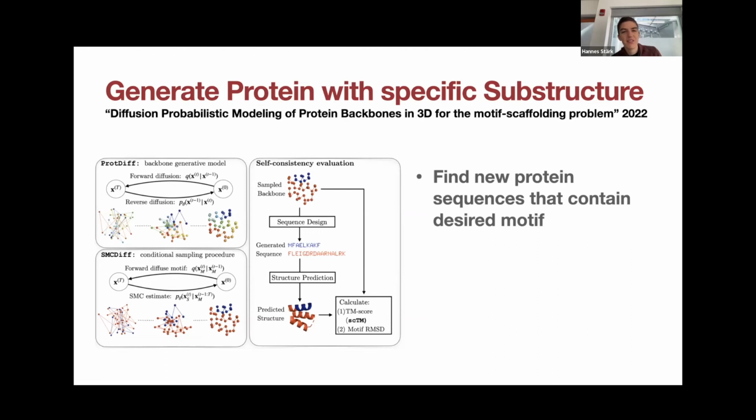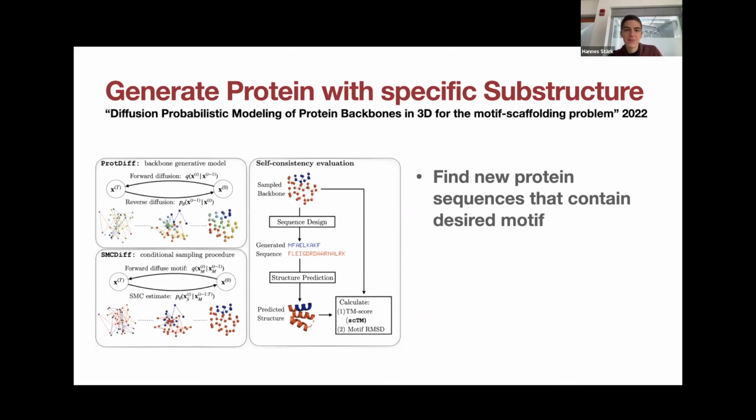We have this motif that does something we want, but now we want to design the rest of the protein that contains this motif. And there he used graph neural networks and diffusion models to generate protein sequences that contain this desired motif in the structure that we want the motif to be in.